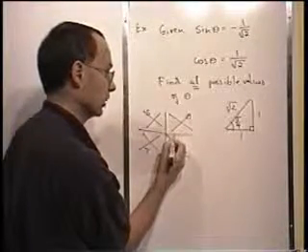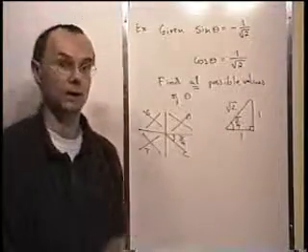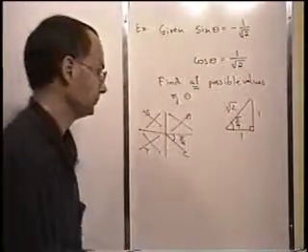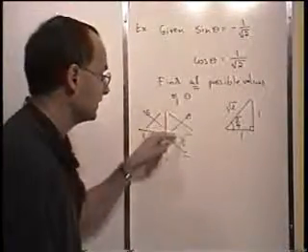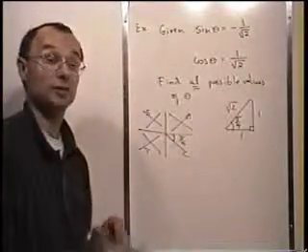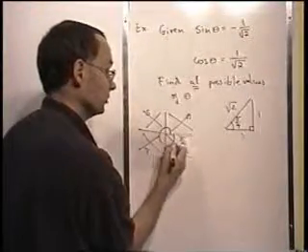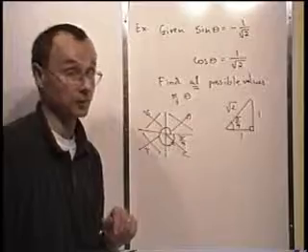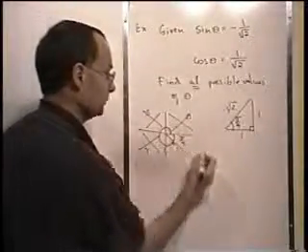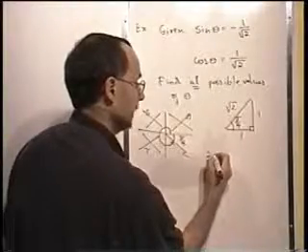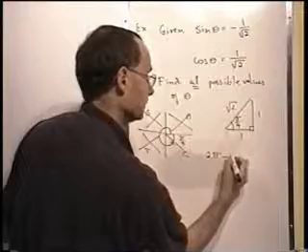It's the only quadrant that works, so I'm going to build pi by 4 in that quadrant as a reference angle. So how can I name this angle? Because, again, naming negative pi by 4 is probably not the best way to name it. It would be better if we used its coterminal and positive counterpart. So we're going to go a full swing, which would be 2 pi, and then we're going to back it up by pi by 4.